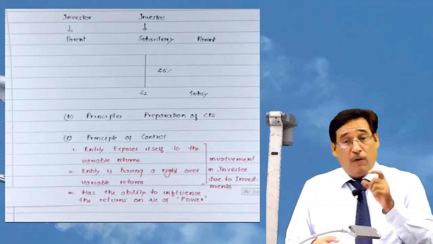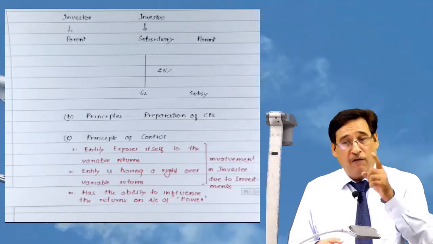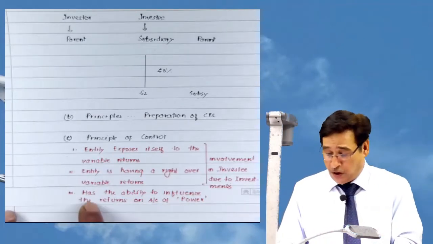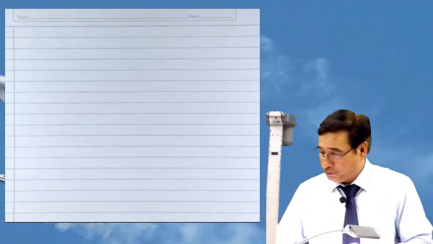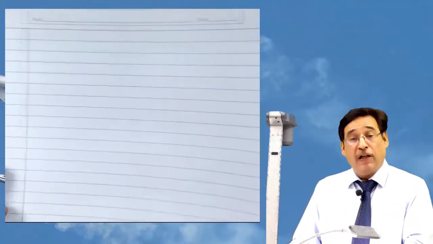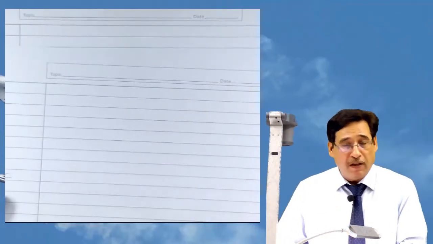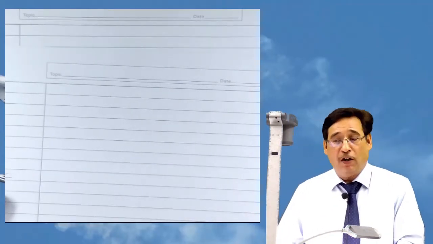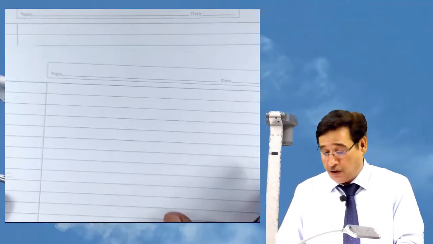No. Remember one thing, you must have the ability to direct the relevant activities of the other entity. So the third line, what does it mean? Let me explain it this way. Has the ability to influence the returns on account of power. It means somewhere I need to know the meaning of power also. Then only I will be in a better position to explain, isn't it?